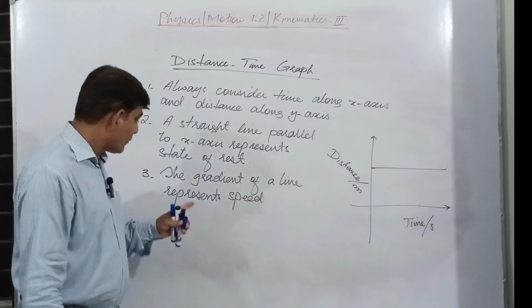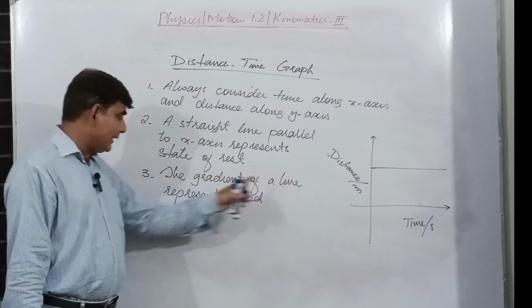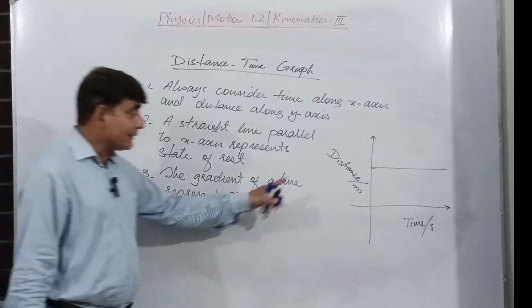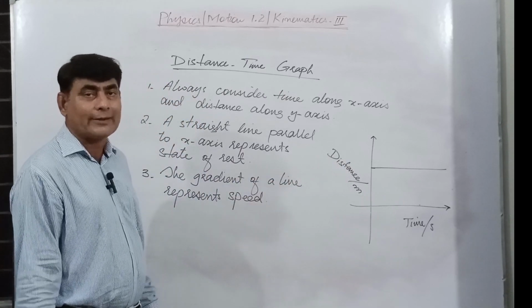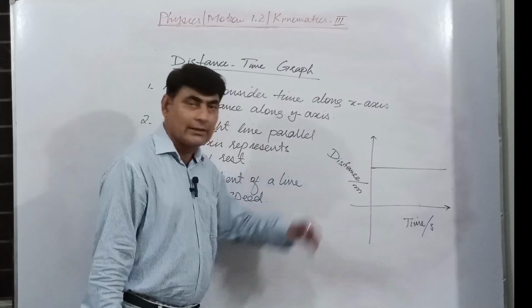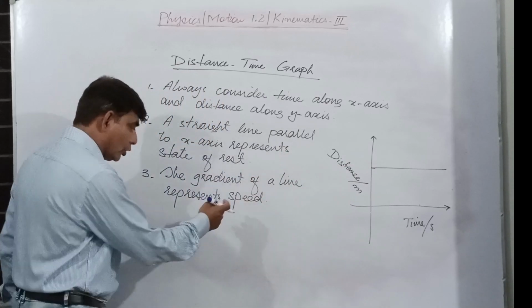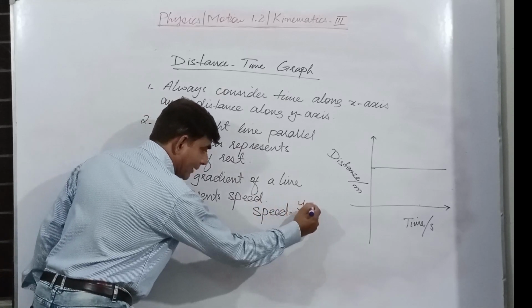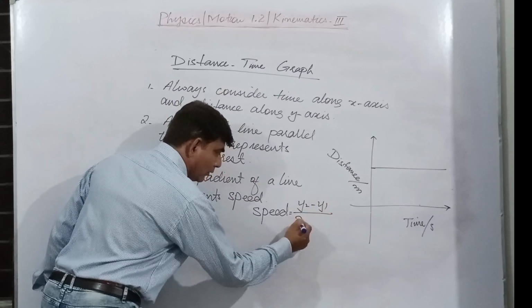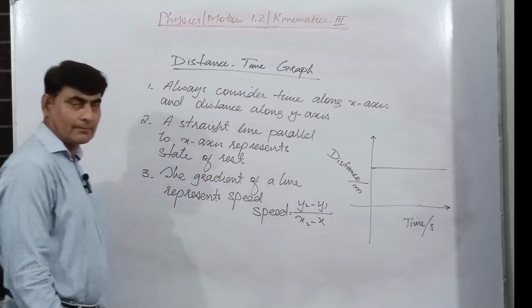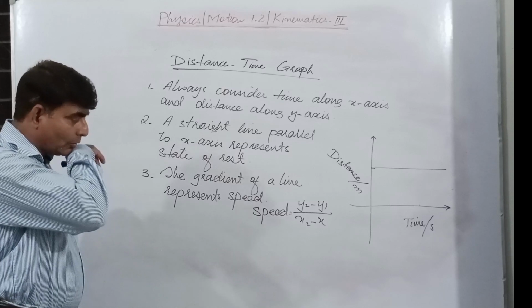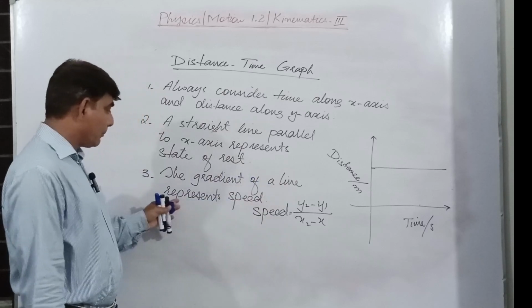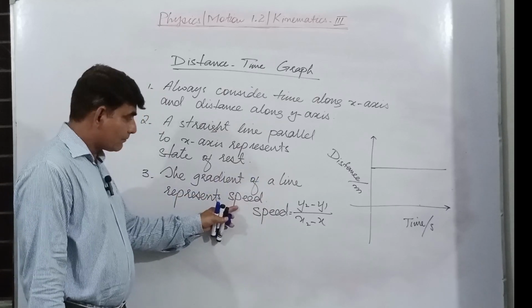Listen, the gradient of a line represents speed. So in a distance time graph, to find a speed, for some other lines, speed equals y2 minus y1 upon x2 minus x1. This is the gradient of a line, representing speed.